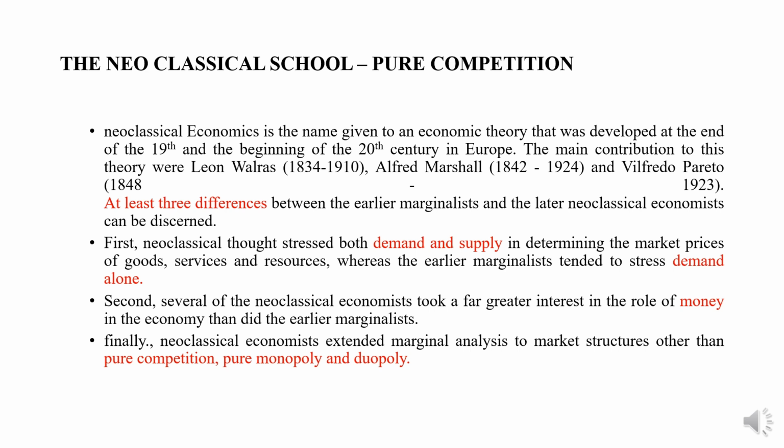The second difference is that several of the neoclassical economists took a far greater interest in the role of money in the economy than the earlier marginalists did. And the third, or final, difference is that neoclassical economists extended marginal analysis to market structures other than pure competition, pure monopoly, and duopoly.